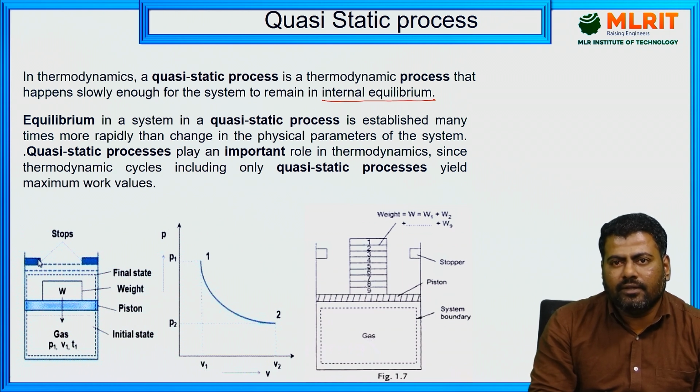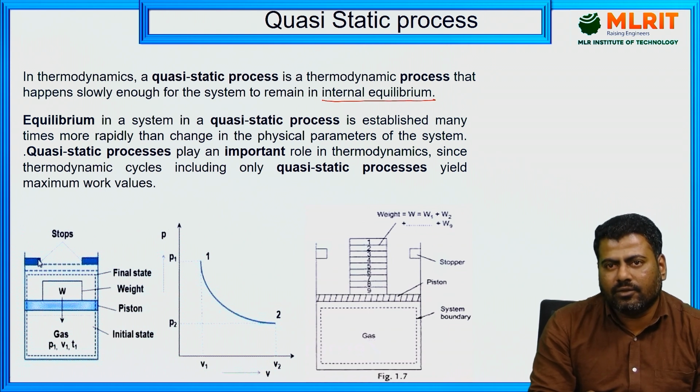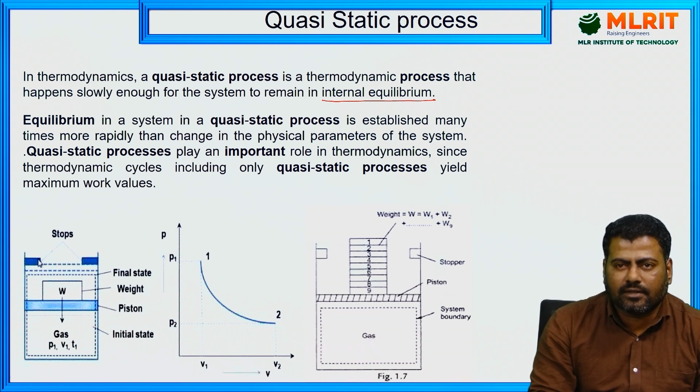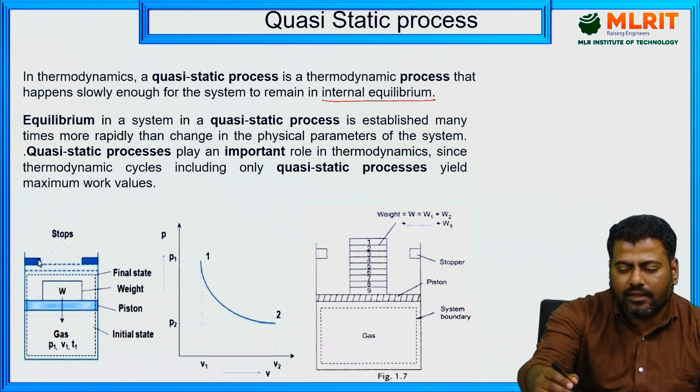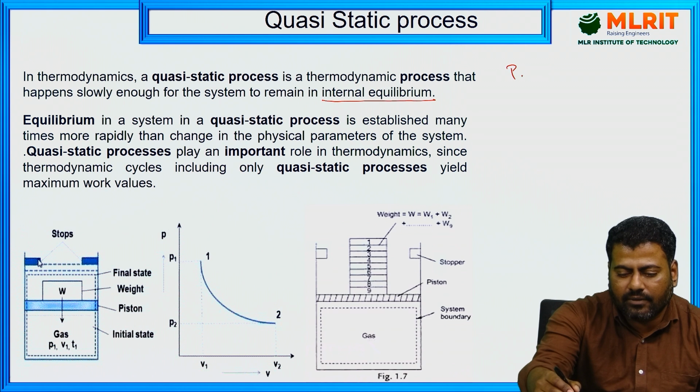When we define a particular state, like initial state 1 and final state 2, the thermodynamic macroscopic properties remain constant. For example, before starting the process, I know the macroscopic properties, say pressure, temperature and volume, which have constant values P1, T1 and V1.